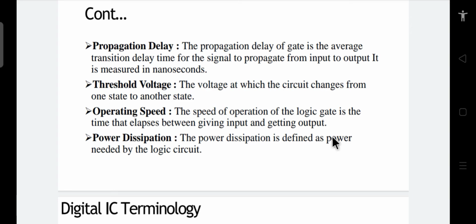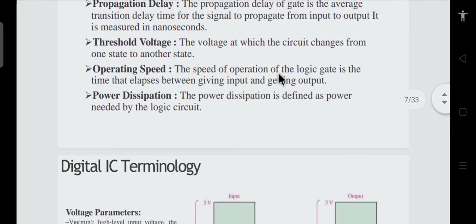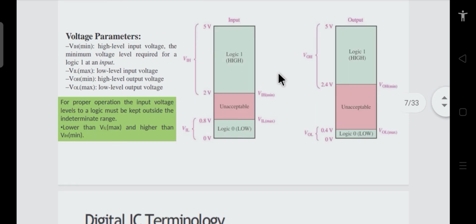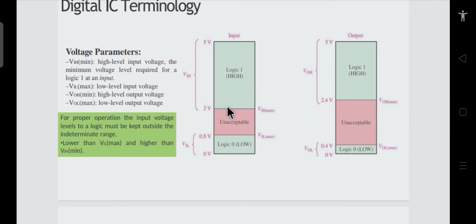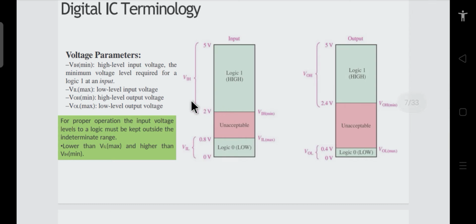These are the various important parameters which you consider when you decide on a particular logic family for an application. Now let's say we define some voltage levels. This is the input side and this is the output side, and the voltage is changing from 0 to 5 volts.